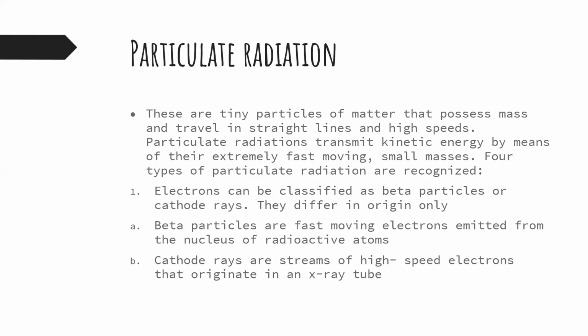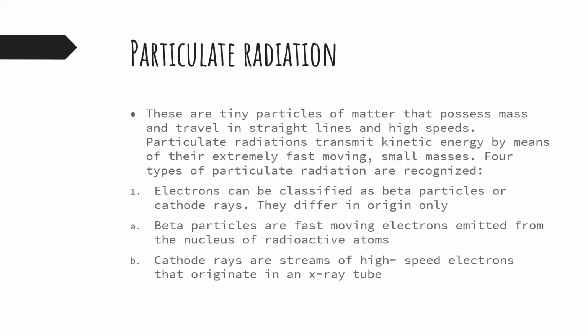They transmit kinetic energy by means of their extremely fast-moving small masses, and there are 4 types that are recognized. First, electrons, which can be classified as beta particles or cathode rays in their origin only. Beta particles are fast-moving electrons emitted from the nucleus of radioactive atoms.